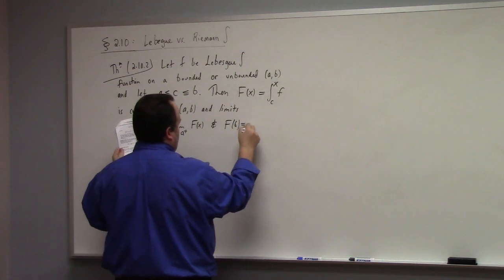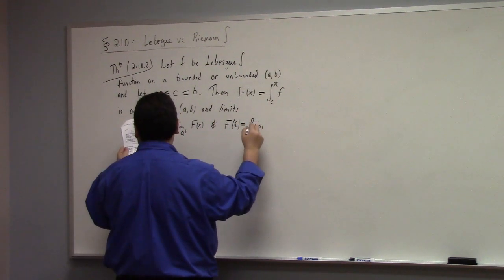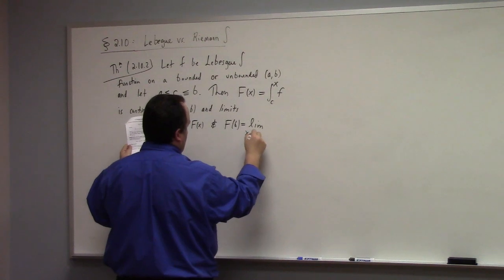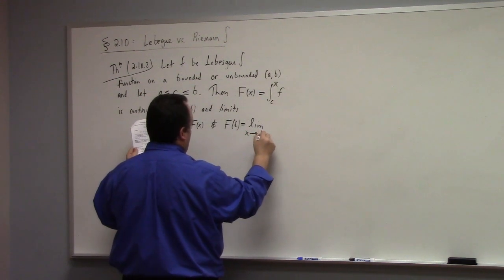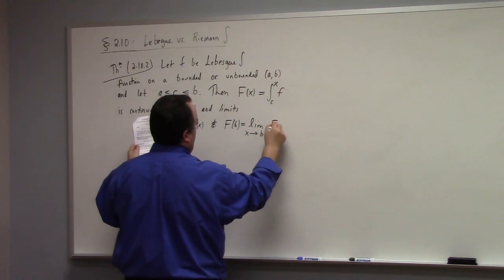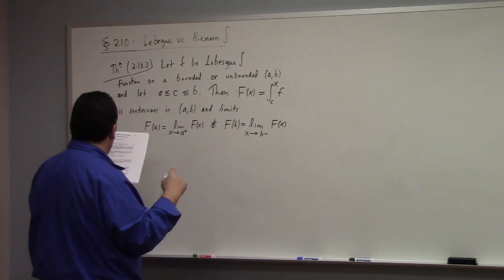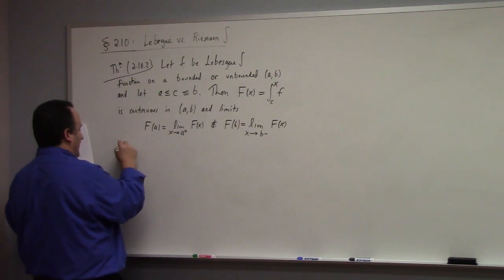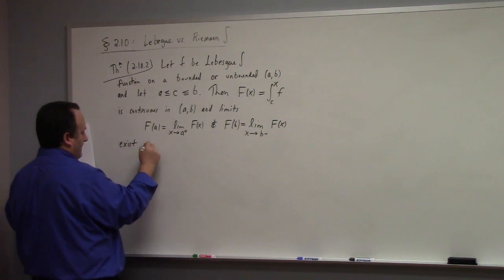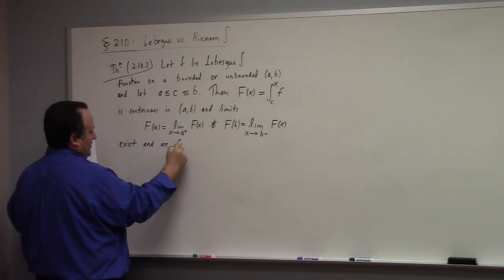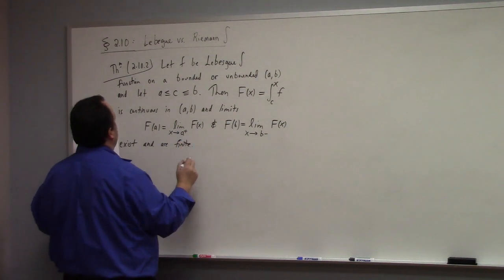Although if I read this correctly, he's allowing the case that a and b be infinity or minus infinity, and these limits exist and are finite. Let me take a step back and say what we're saying here.